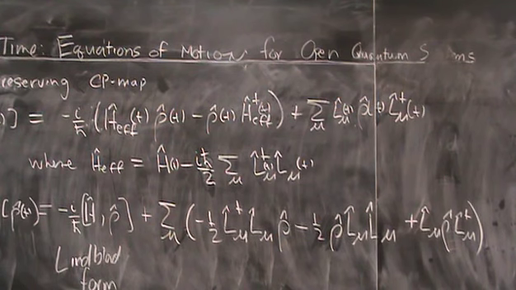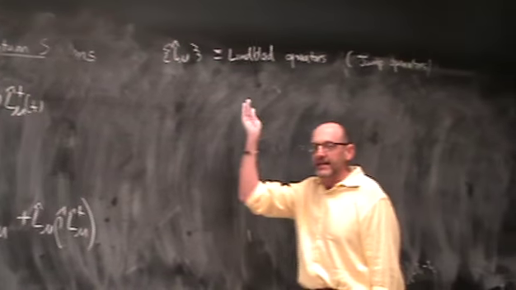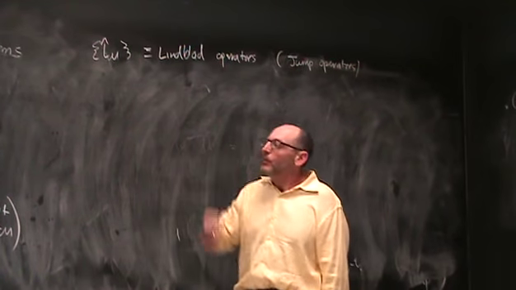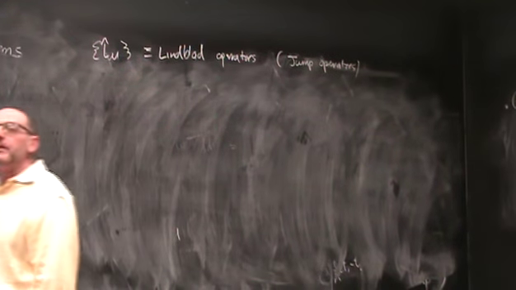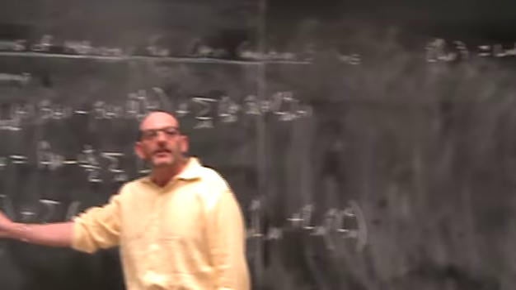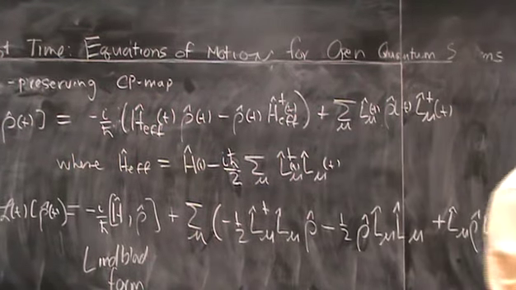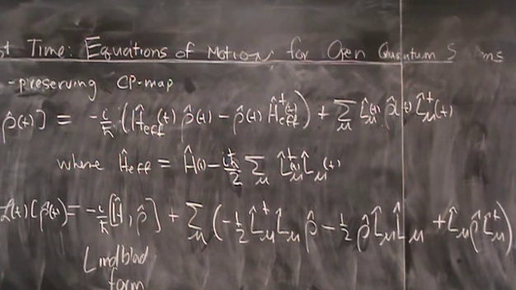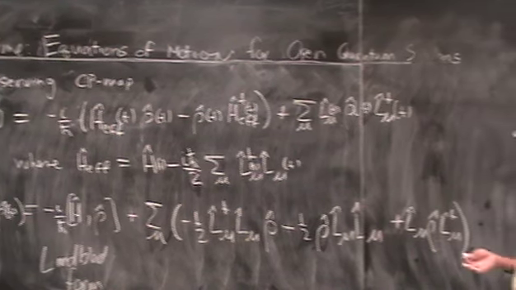All right. So what about these Lindblad operators? How do I interpret what they mean? What is the physical meaning of the Lindblad operator? We know what the Hamiltonian is. What about the Lindblad operators? Well, in some sense, they have to do with the irreversible part of the evolution.